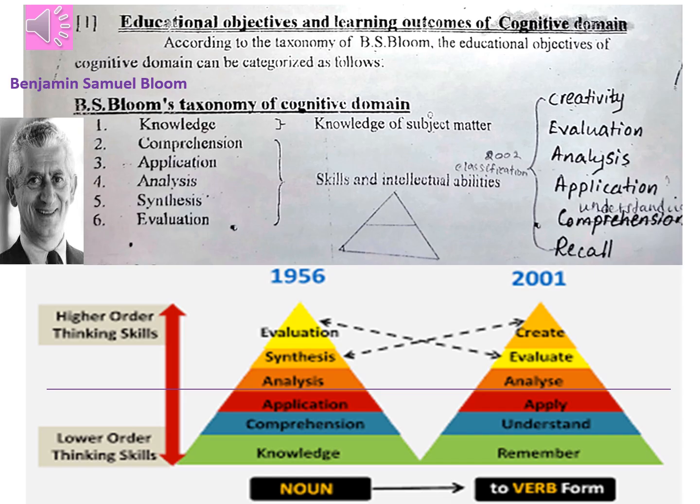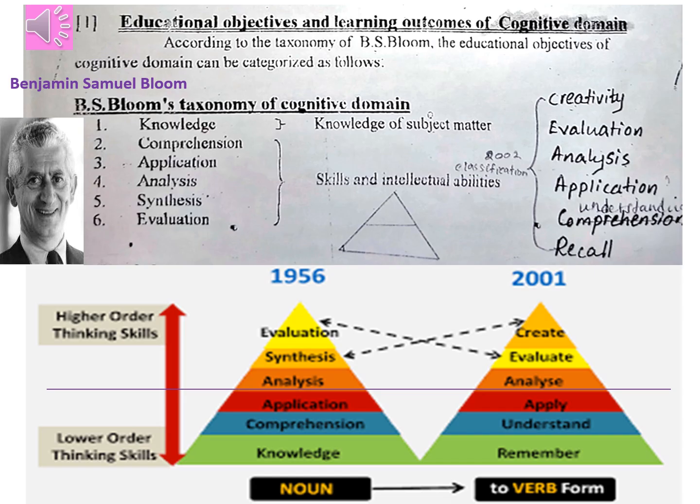Application, apply. Analysis, analyze. Earlier one, knowledge, comprehension were nouns. Now here it is the verb form: ability to remember, to understand, to apply. And then analyze, then evaluate.